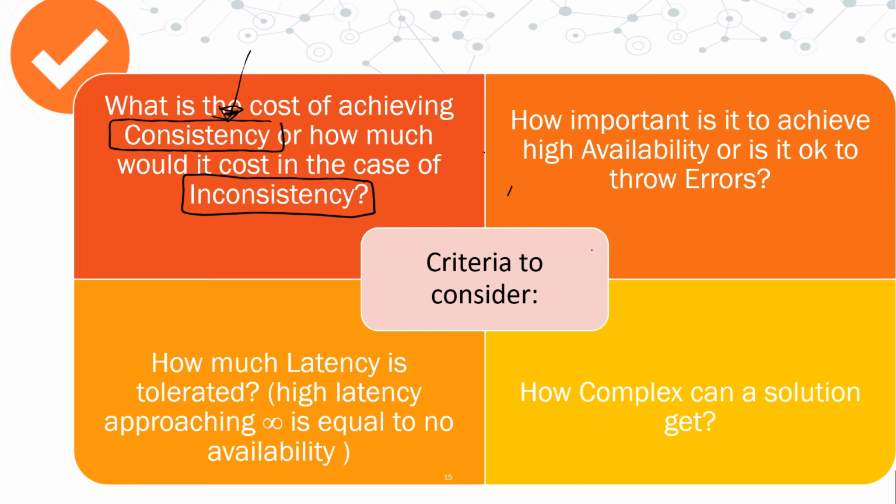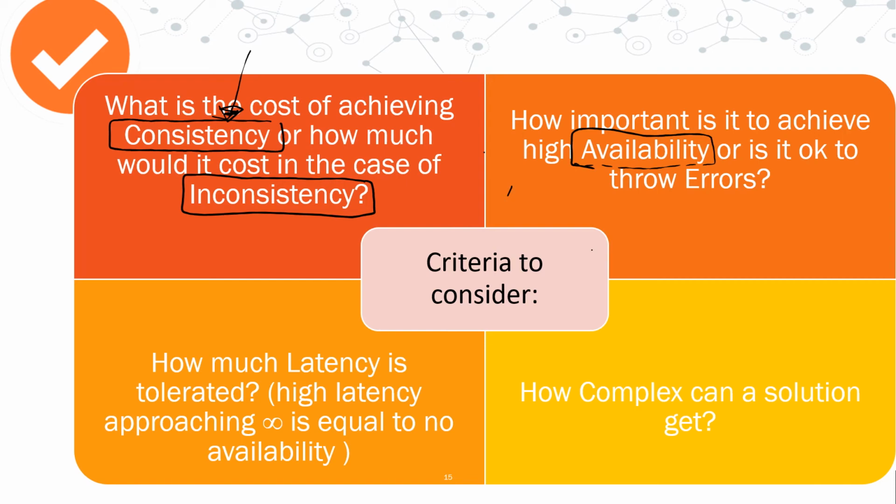Second criteria, in terms of availability. If we want to achieve high availability, how important is it? Is it okay for the system to be slightly unavailable for a short period of time?